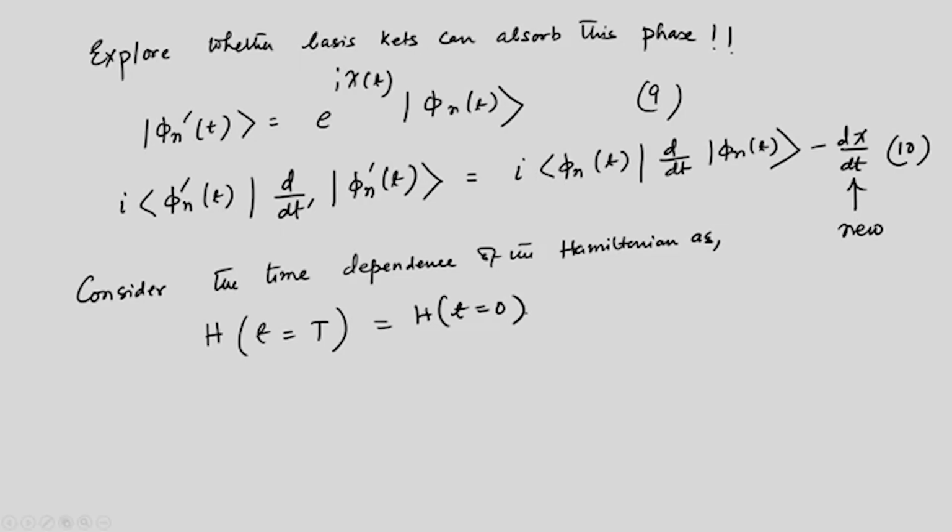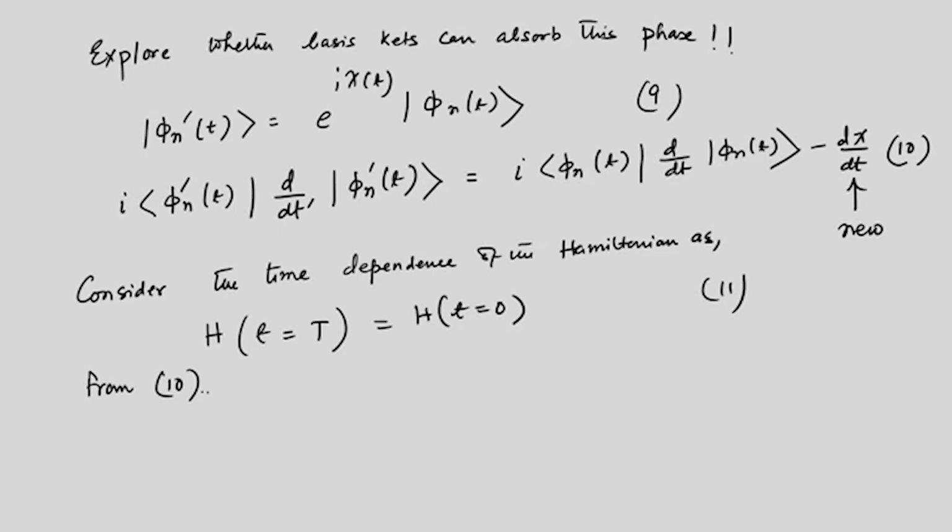So, the Hamiltonian is periodic with a period capital T. This is a particular case, but it can be done for any arbitrary dependence. Let us call this equation 11.